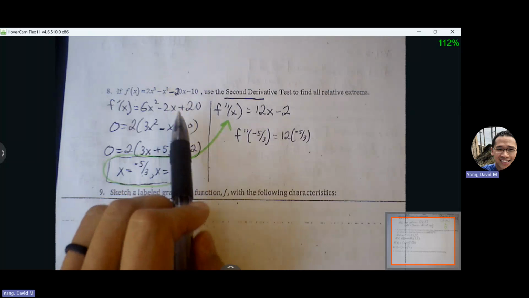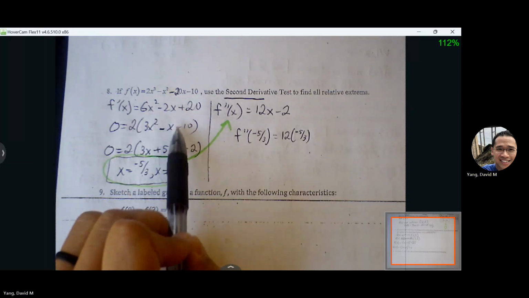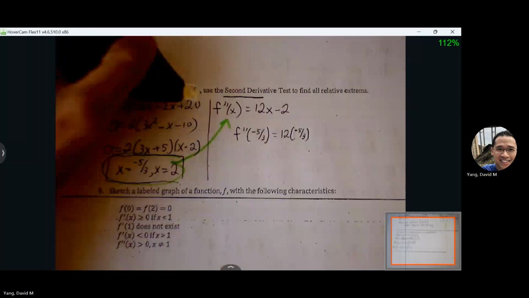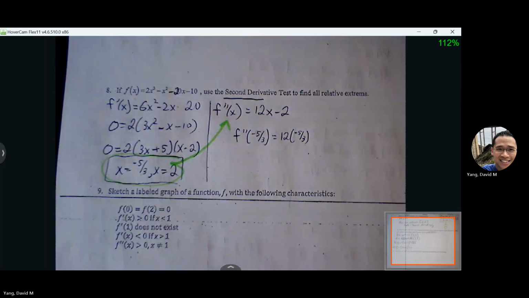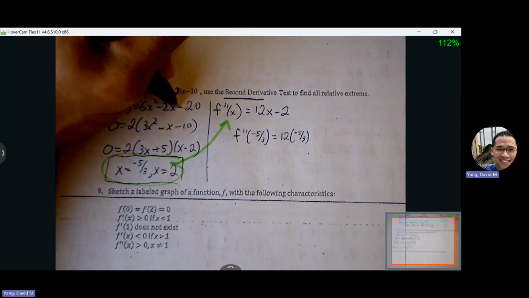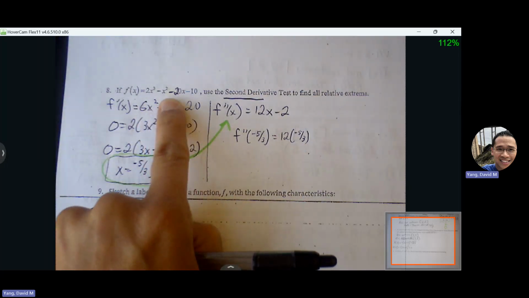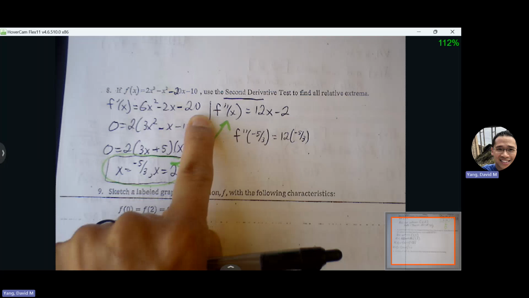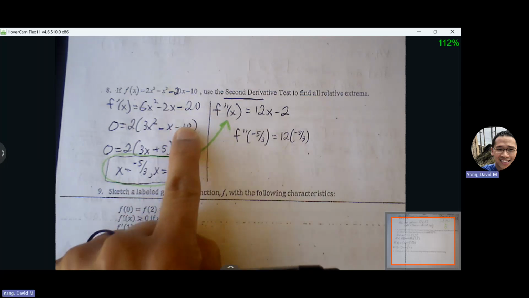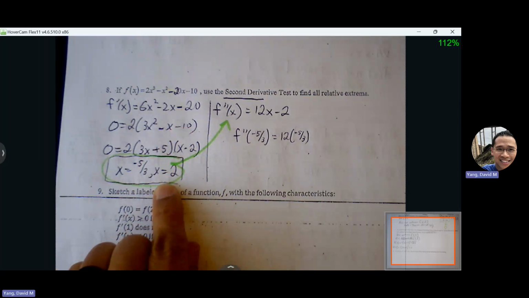Sorry, otherwise it wouldn't have factored. I changed it on the key, but not on your copy. So the original function should read 2x cubed minus x squared minus 20x minus 10. That's going to force that constant to be a negative, which will allow us to factor.